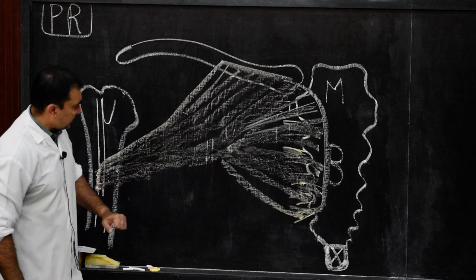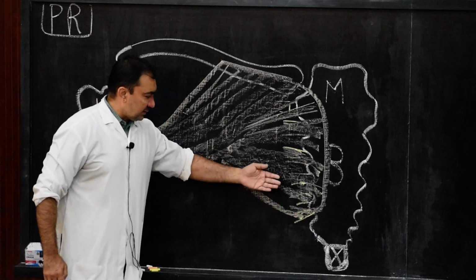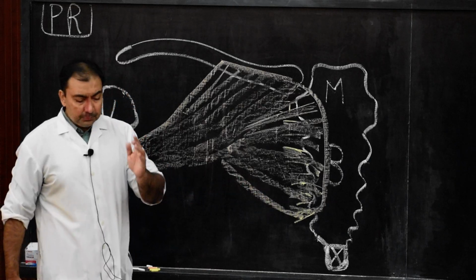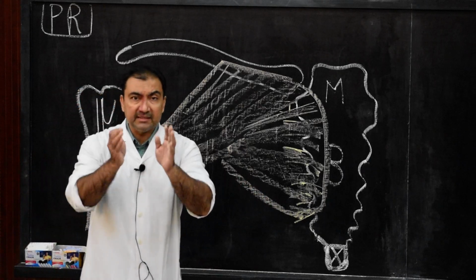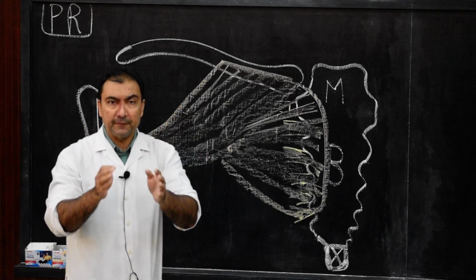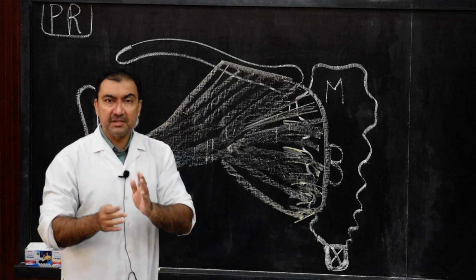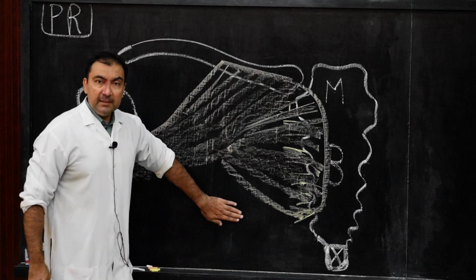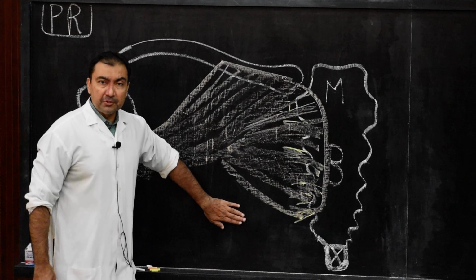Then we come to the posterior lamina. The posterior lamina is of course lying posterior to the anterior lamina. Note down, the posterior lamina is composed of the remaining sternocostal fibers, and remember the last point, the fibers from the external oblique aponeurosis.